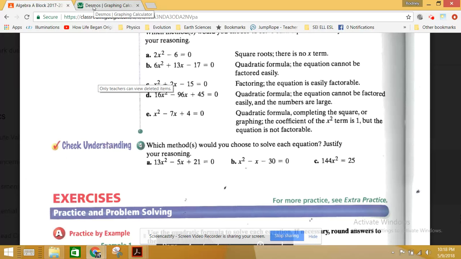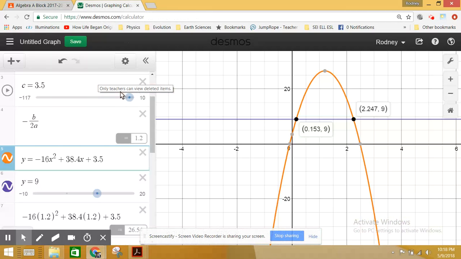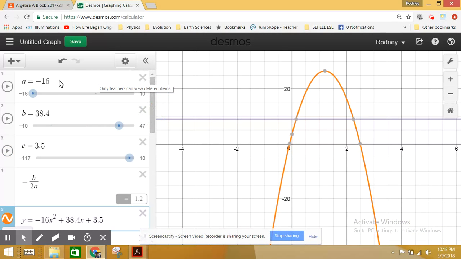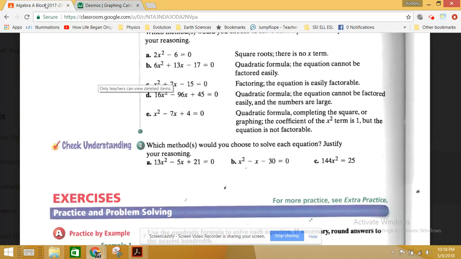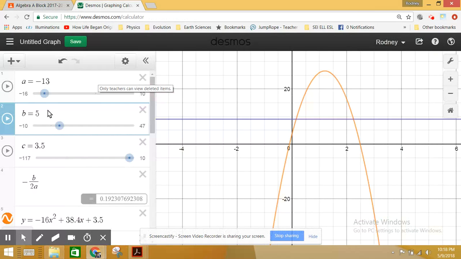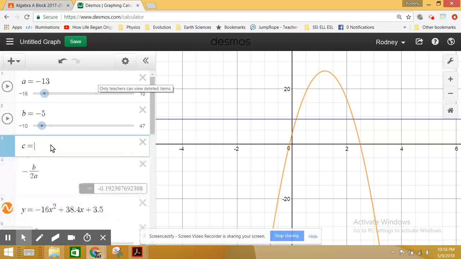So let's go ahead and do that. So A is now 13. B is negative 5. And C is 21.